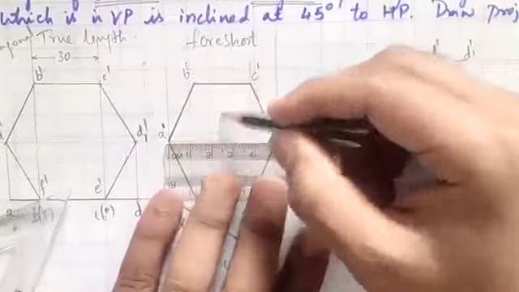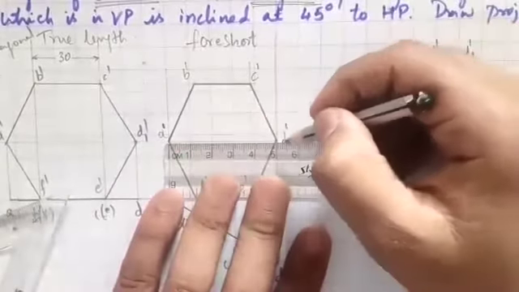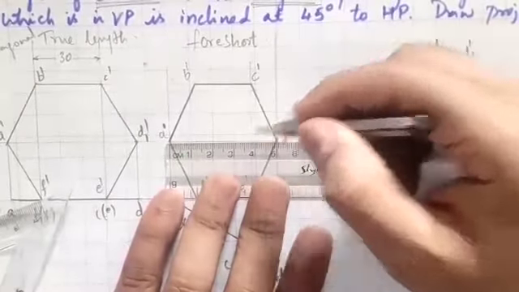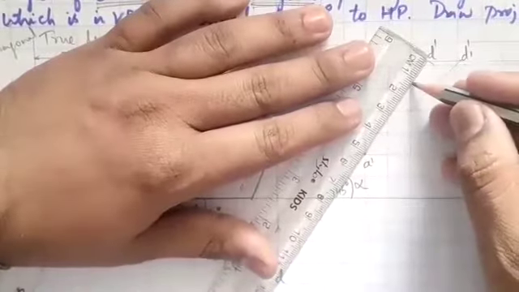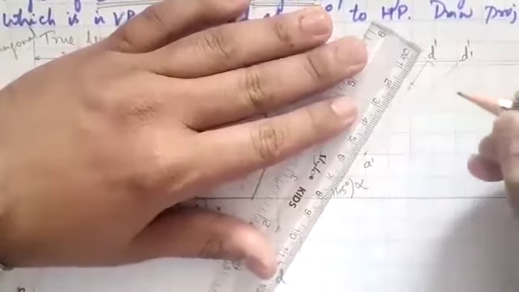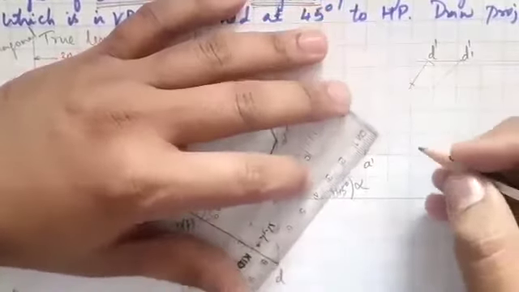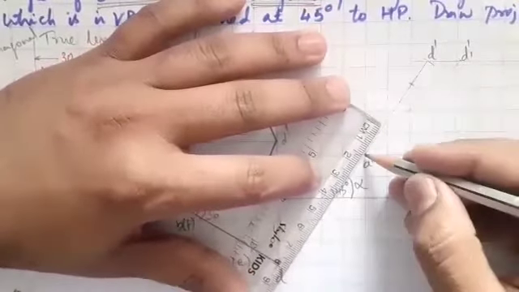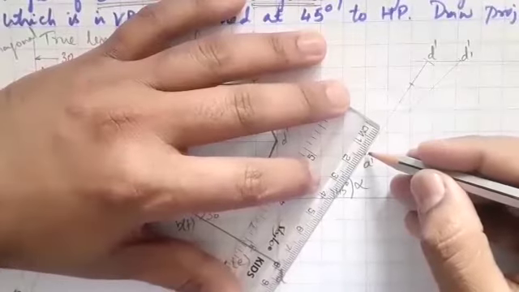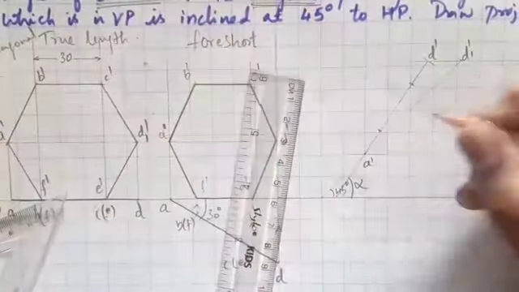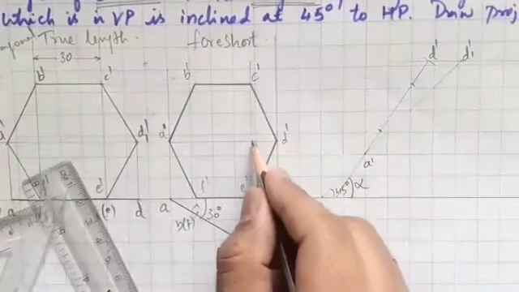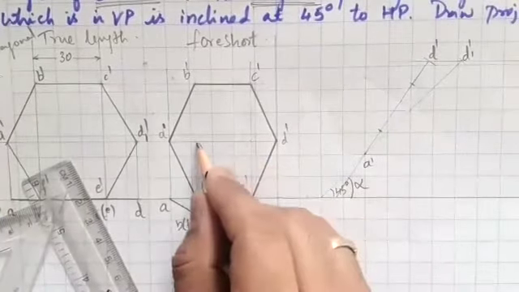For me, it is 12 mm on either side. I'll mark two dots at 12 mm on either side, from here as well as from here, which represent these two positions.